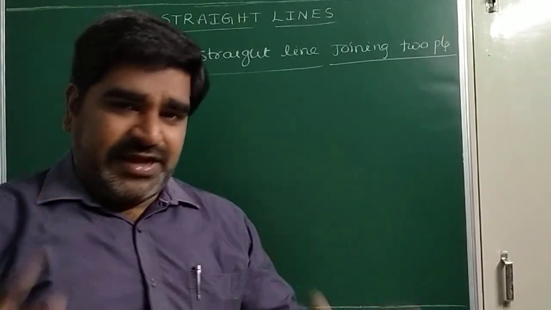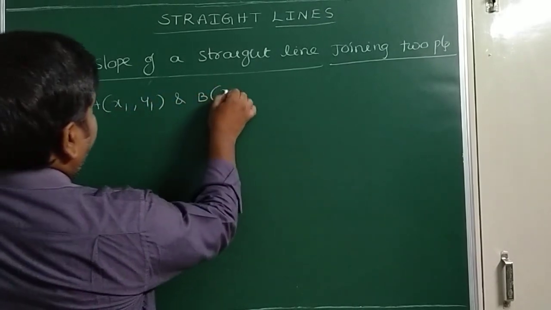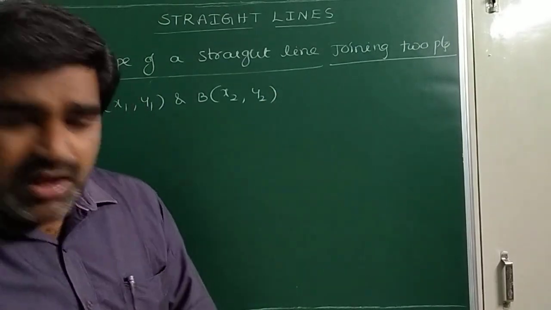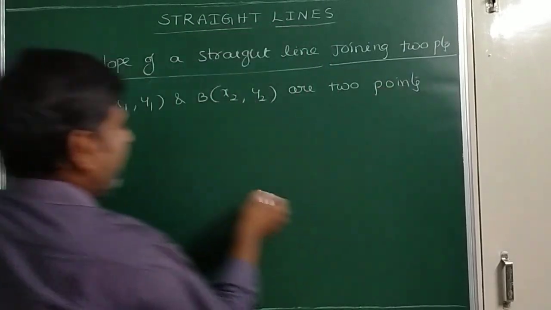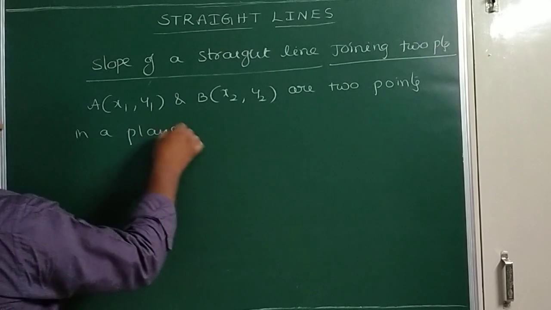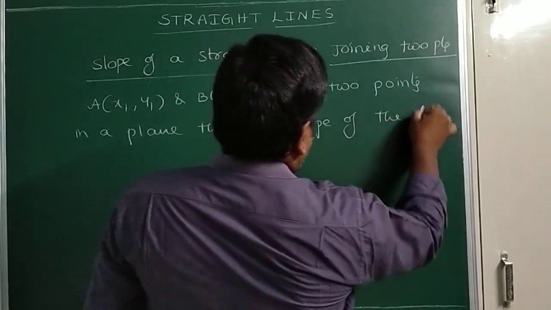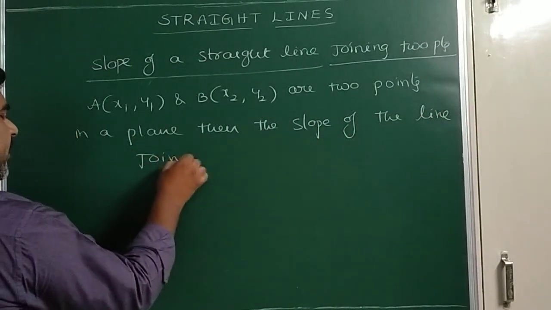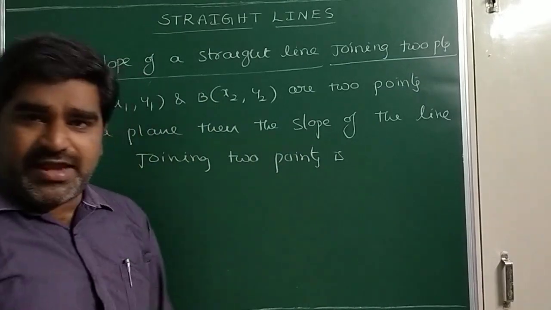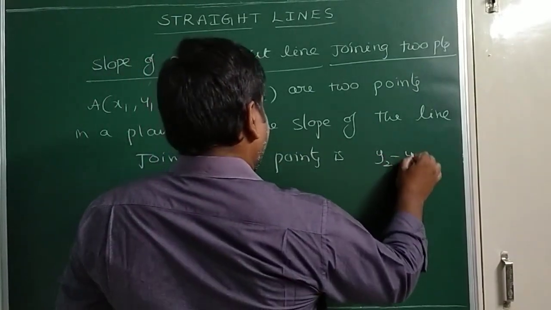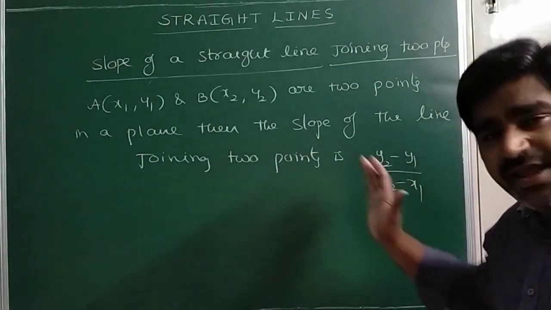As you know, if A(x1, y1) and B(x2, y2) are 2 points in a plane, then the slope of the line joining 2 points is (y2 minus y1) by (x2 minus x1), or (y1 minus y2) by (x1 minus x2).